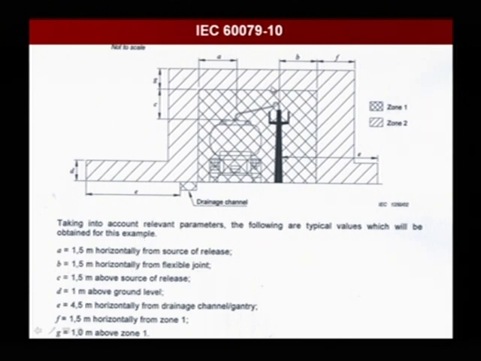The B area, from here to this area right here, would be 1.5 meters horizontal from flexible joint. The C area, from the top of the tank truck to this area right here, would be above the source of release. The D area would be the height above grade, 1 meter above grade level.